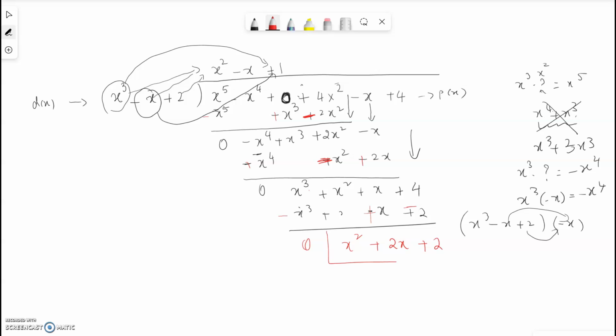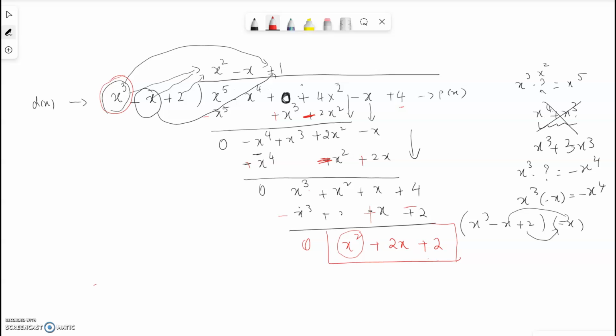So this is the remainder, because we have no more terms left. We've used all the terms, and as long as the degree of the remainder is less than the degree of the divisor, in this case x cubed, we know we have to stop the division process.